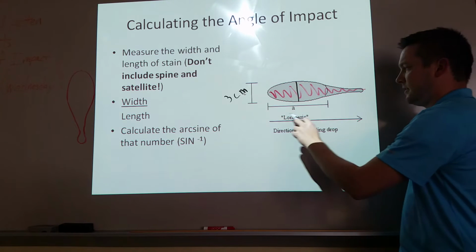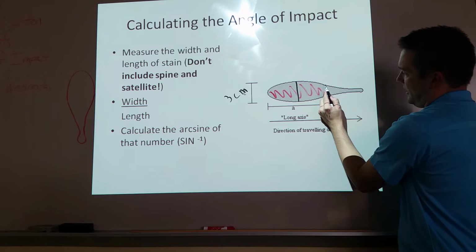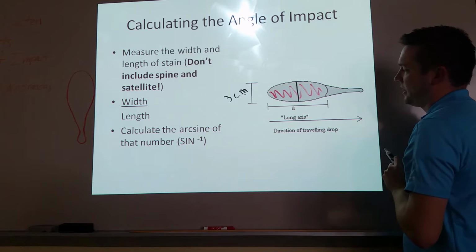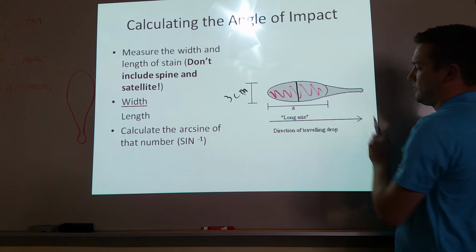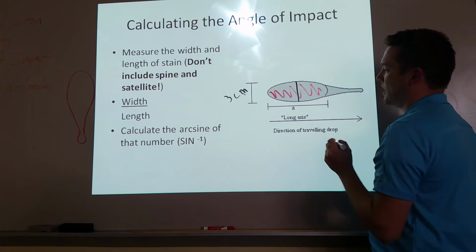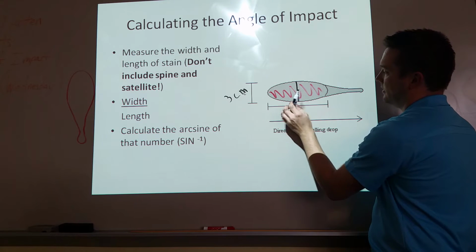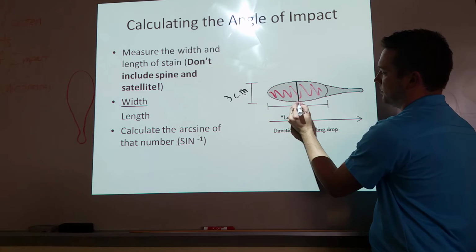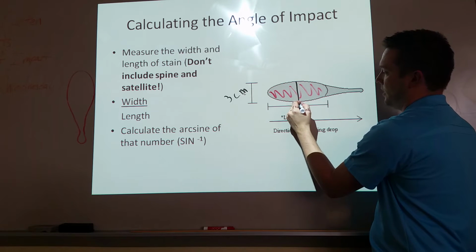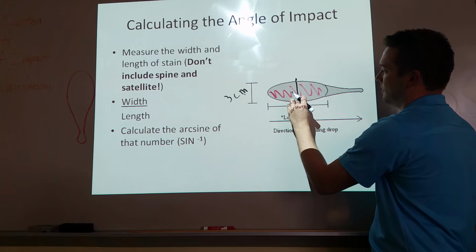The length is a little more complicated because when you're looking at a droplet, you're not going to have this line to show you the back of the drop where it ends. It's just going to be a long tail. So what we're going to actually do is kind of trick the system. We are going to use the line, and what you can do with an actual blood droplet that's still wet, so you're not trying to draw on wet blood, is make a little line off to the side here, and then one there.